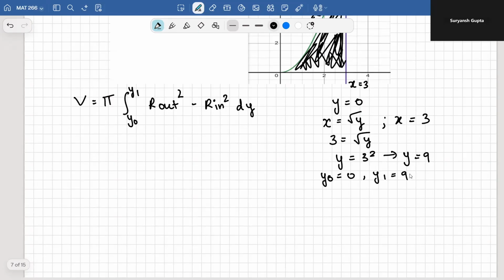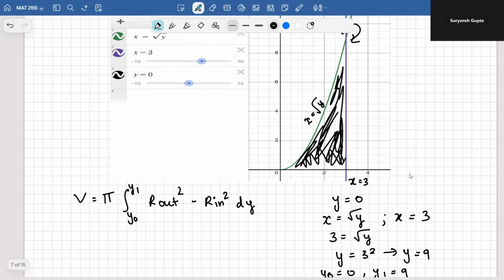Next, we have to find what the r out squared is and r in squared is. So let's go back to the graph. Since we're rotating about this line, our r out is essentially this here. So our r out is 3 minus root y.